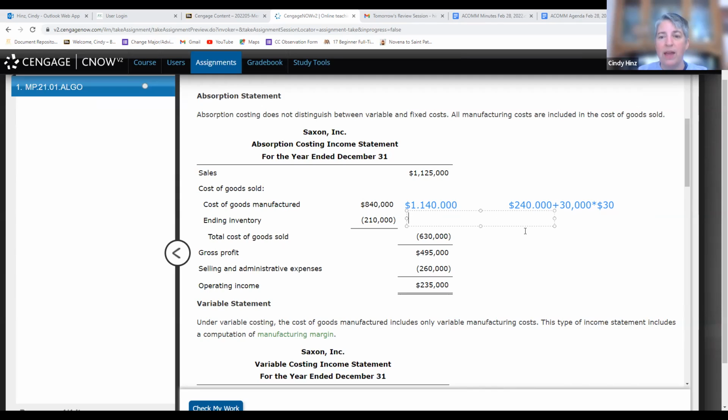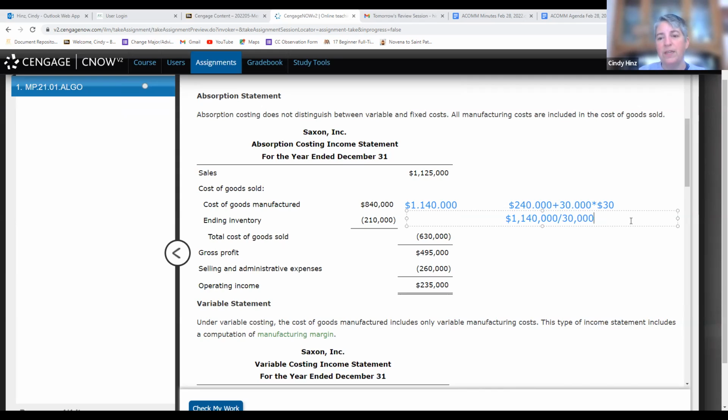And so then we need to subtract from that our ending inventory. Well, if we now are producing 30,000 units, but only selling 15,000, we're going to have 15,000 units still in ending inventory, right? Our total cost to produce those units was $1,140,000. That was for 30,000 units. So I need to find our cost per unit, which would be $38 per unit.